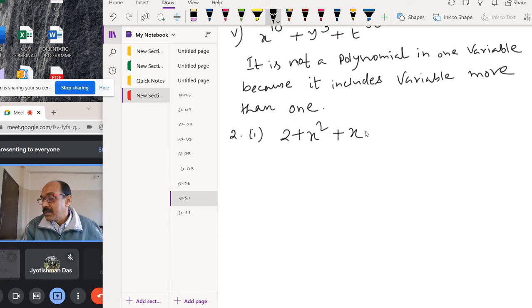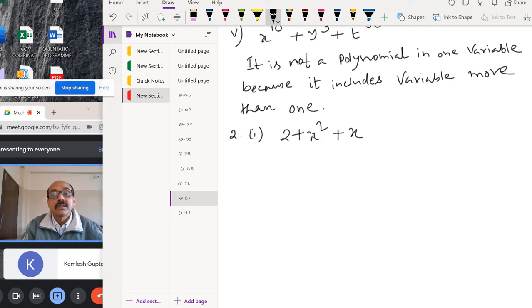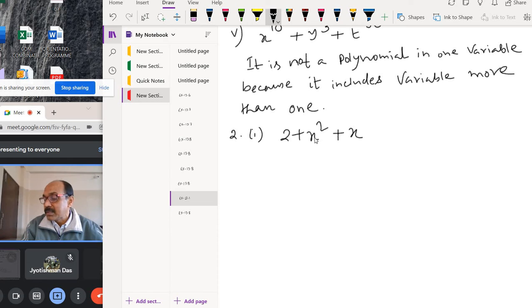So what is the coefficient of x square in this polynomial? 2 is a constant. After that x square, before x square there is no number, so it is 1. So the coefficient is 1. Plus x, so the coefficient of x is also 1. The question is the coefficient of x square, so it is 1. Clear?